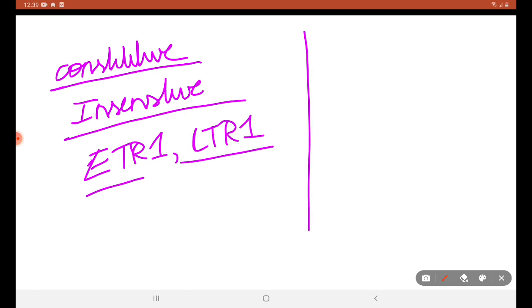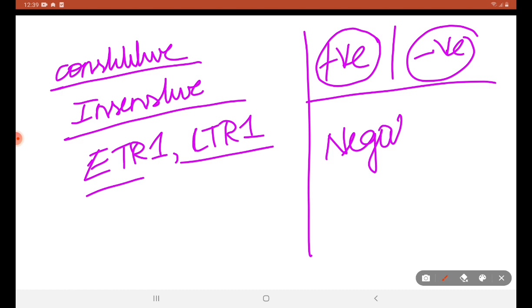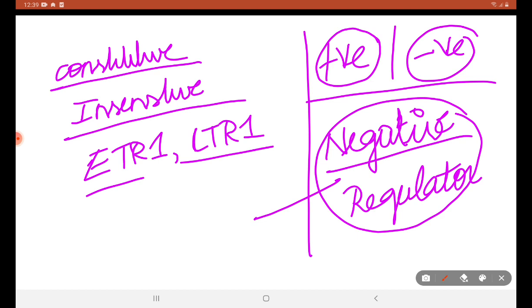Then as a part of the signaling system, we have seen what will happen in the presence of ethylene, what will happen in the absence of ethylene, and we have seen why ethylene receptors are called negative regulators. It is not that ethylene is a negative regulator.